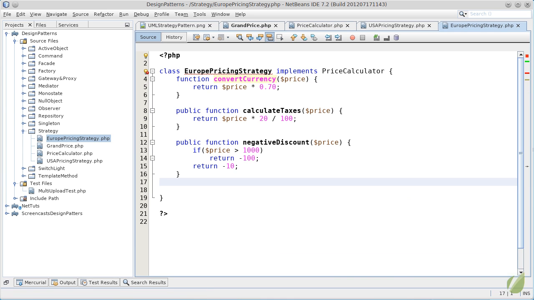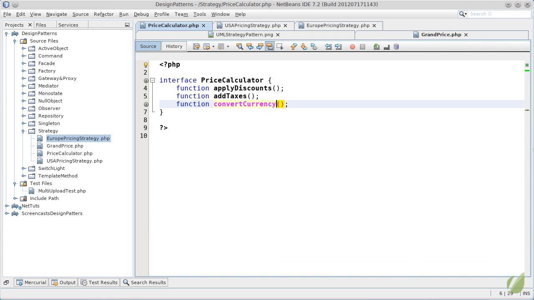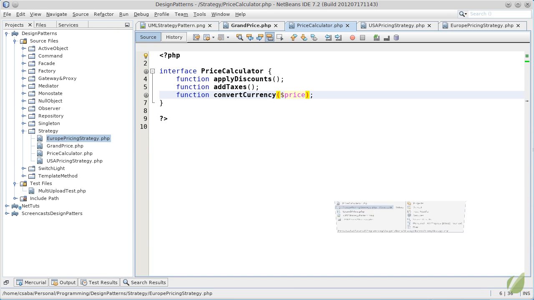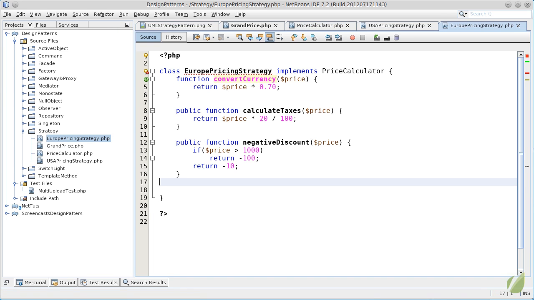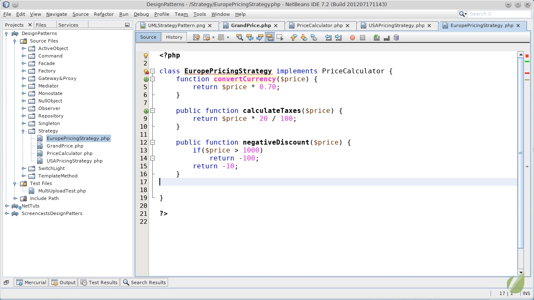Convert currency of price, calculate taxes of price, and negative discount of price.